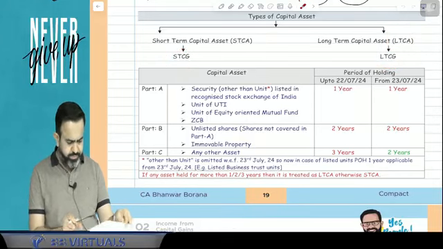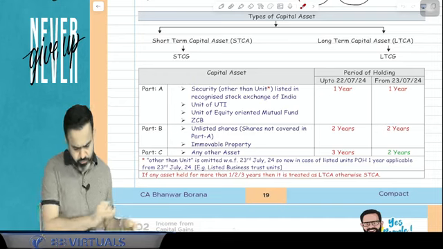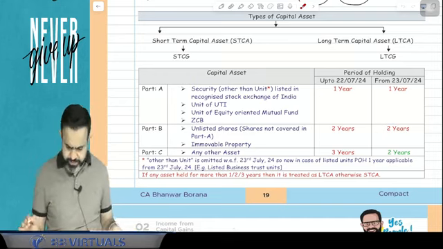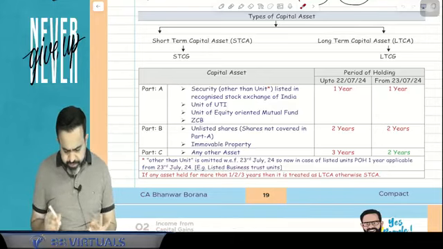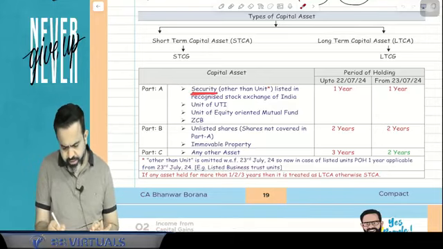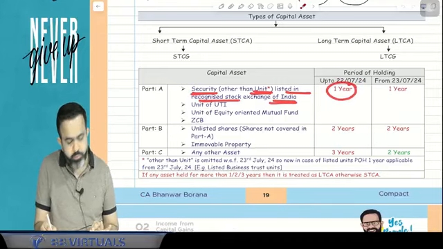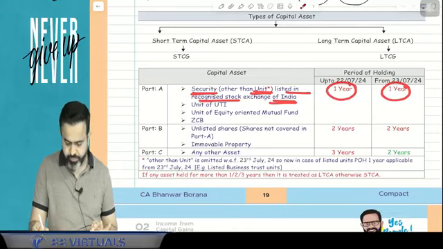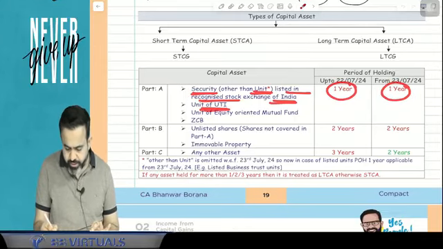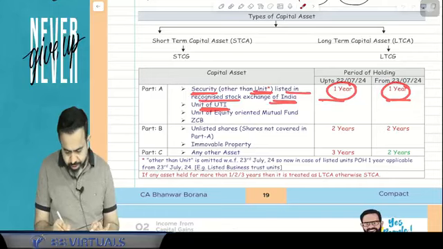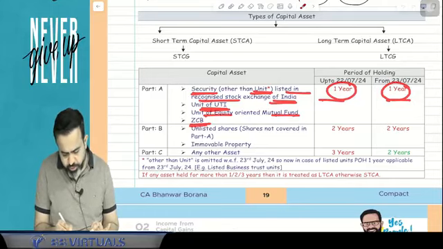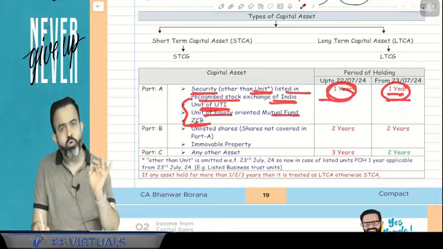Now, here, security, any security other than unit listed in a recognized stock exchange in India, earlier it was 1 year, now also it is 1 year. UTI units, earlier 1 year, now also 1 year. Equity oriented unit and zero coupon bond, earlier also 1 year, now also 1 year.